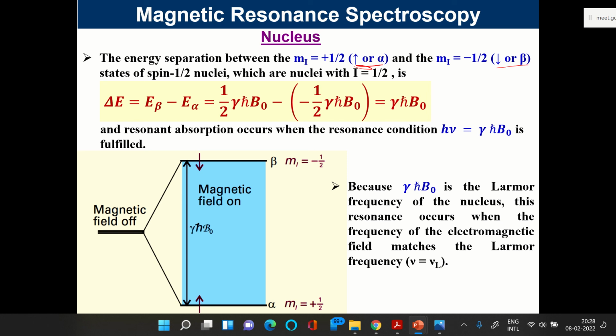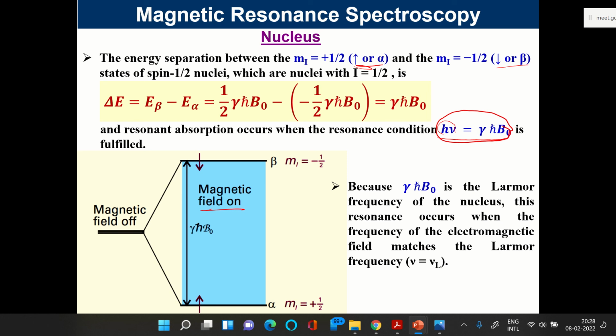You can see that gamma h cross B naught is the difference coming out, if you analyze it the same manner. So h nu must be equal to this. This is the resonance condition. Absorption occurs when this condition is achieved. Gamma h cross B naught is the energy gap between these two states in a magnetic field, so an equivalent amount of radiation having that frequency must be provided.